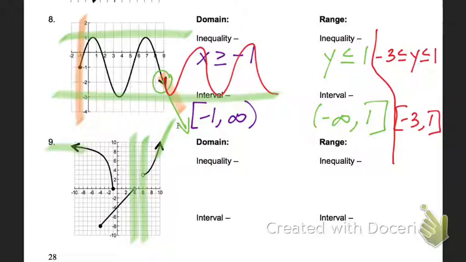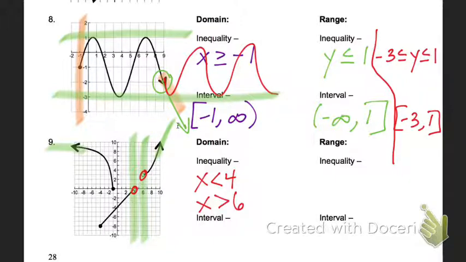So I'm going to write this as x is less than what number? 4. And it's bigger than what number? 6. So I've got 4 and I've got 6. There's a gap between the two.